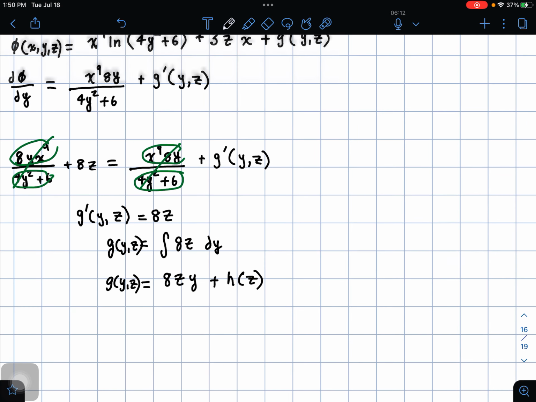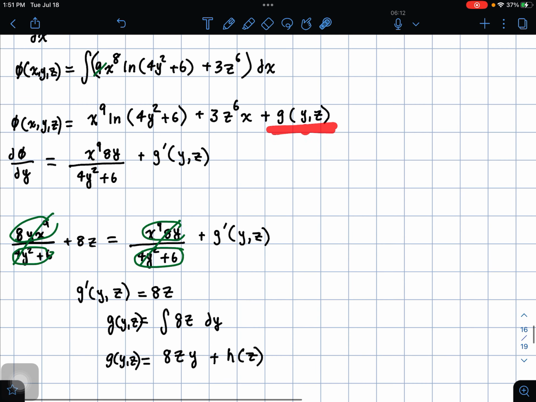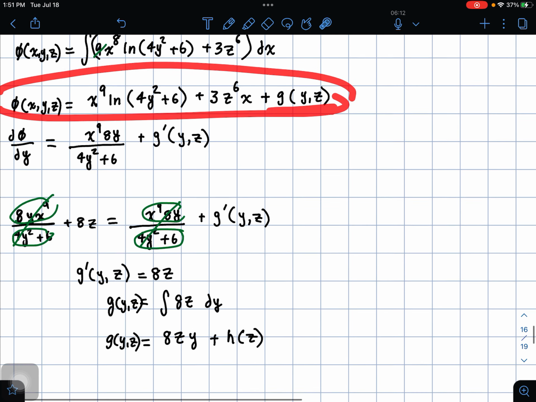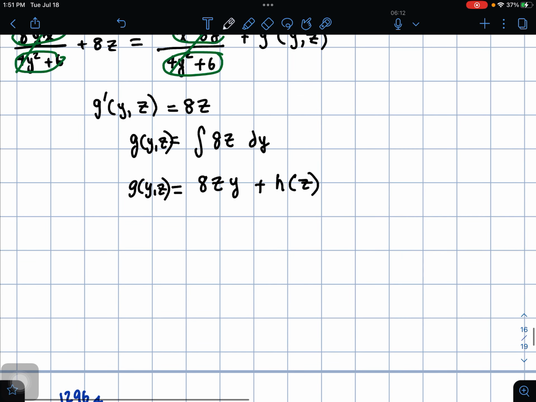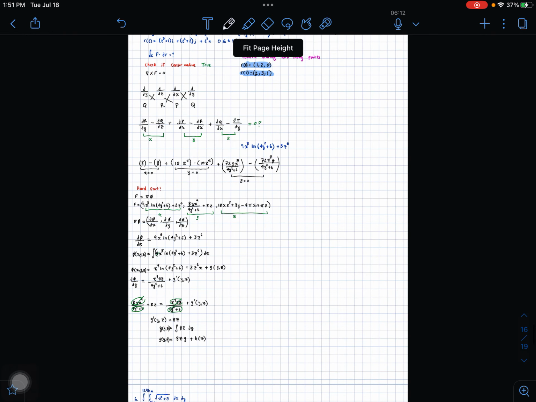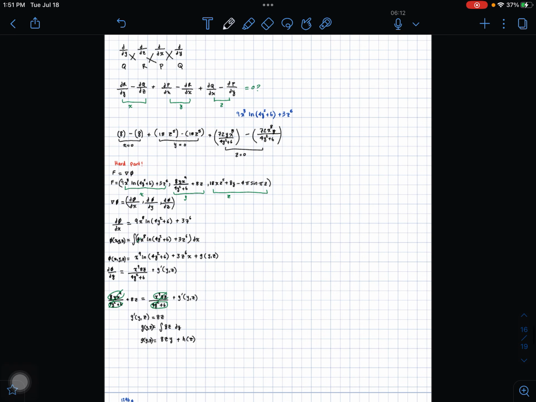So what I'm going to do now is take this and plug it back, because we just have our constant, right? We can go back and plug it into this original equation. So we get, it's a lot of work, and I just took up a whole page. Yikes.